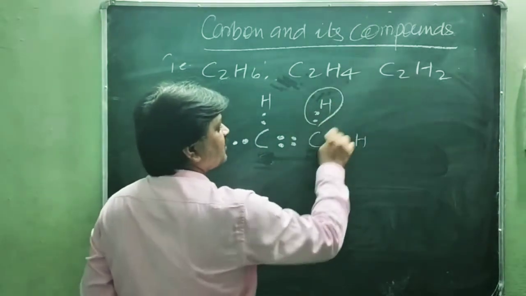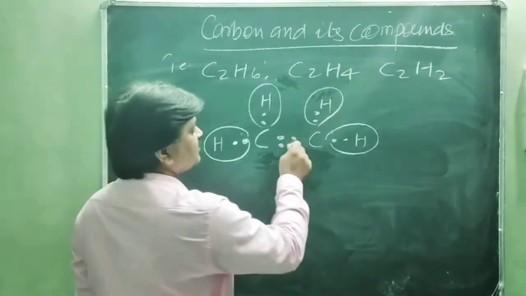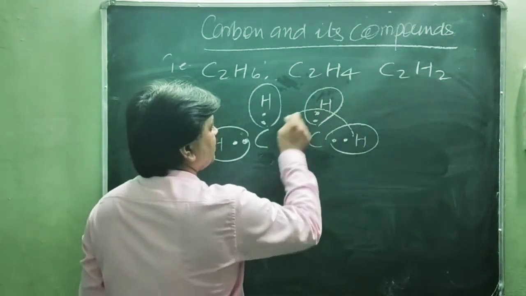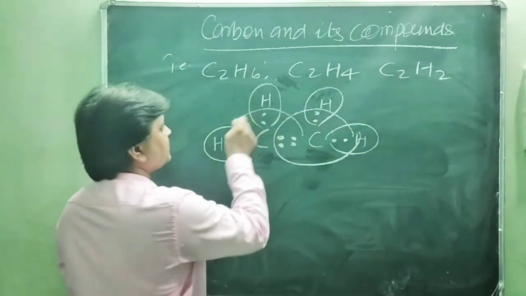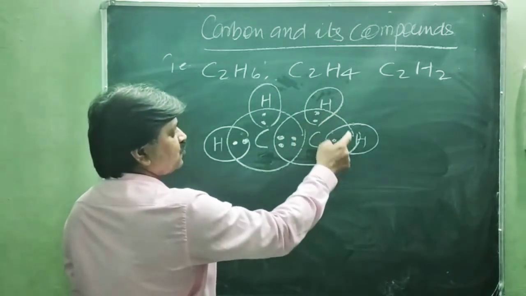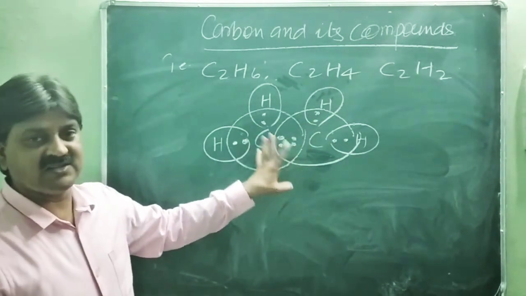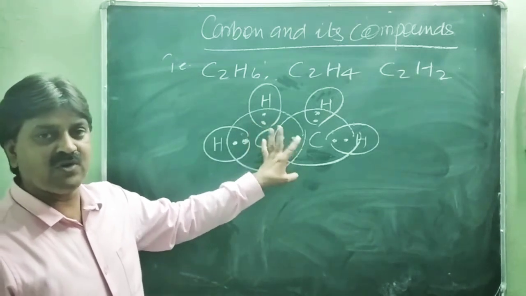This is 2 hydrogens, here 2 hydrogens, and this carbon has this, and this has this. This is 2 to 4 to 6 to 8, 2 to 4 to 6 to 8. So each carbon obtains the octet structure by sharing with the 4 hydrogen atoms.